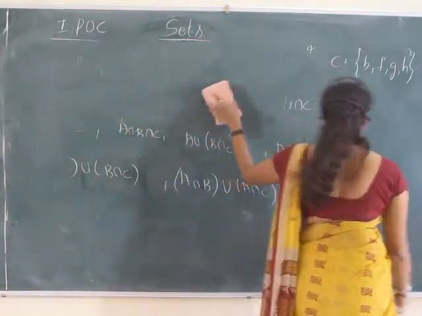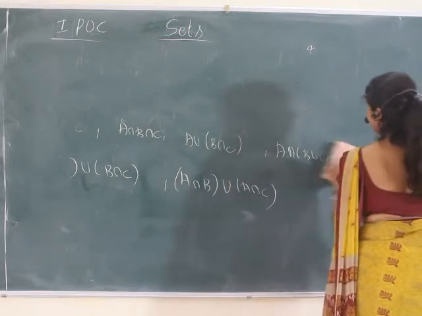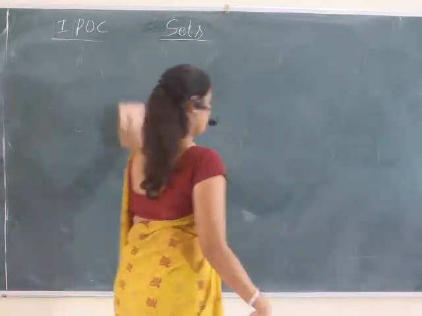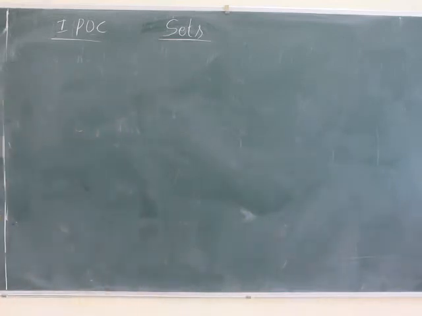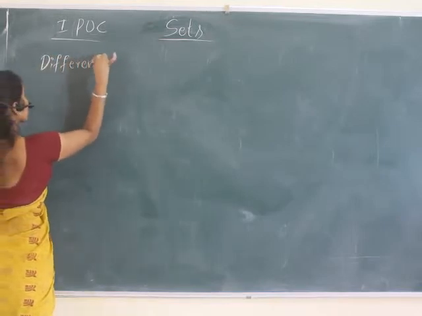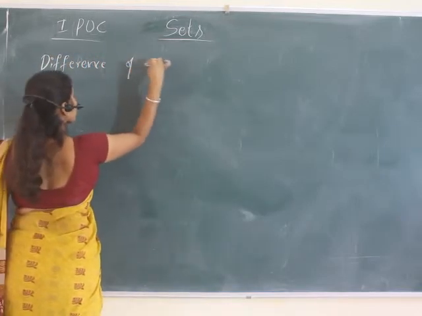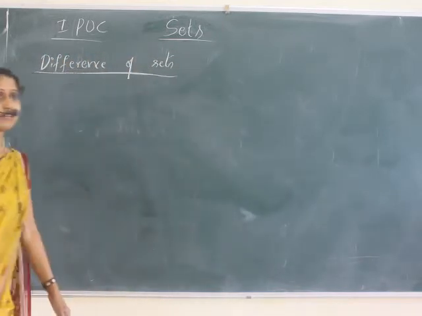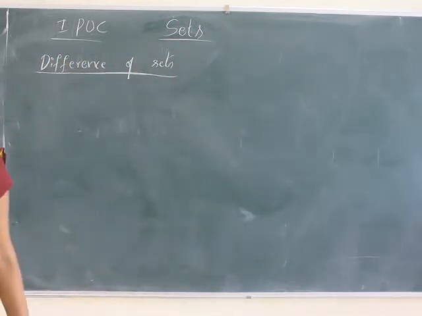Next is, we have discussed about union and intersection. Next is the difference of sets. So what is difference of set? We know what is union, what is intersection.